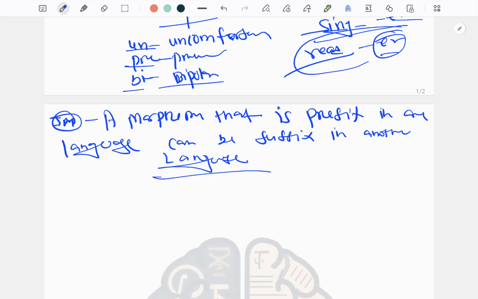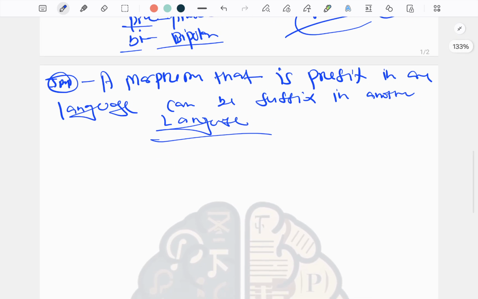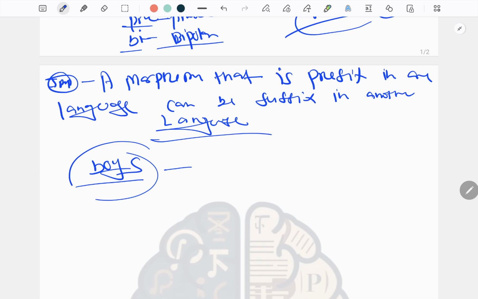This is not so. For example, with a word like boy, when we add s to make the pluralization, we do not think that adding s to every word to make a plural is a morpheme or suffix everywhere.